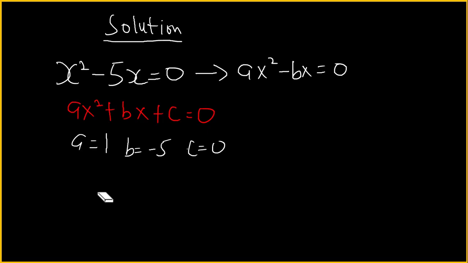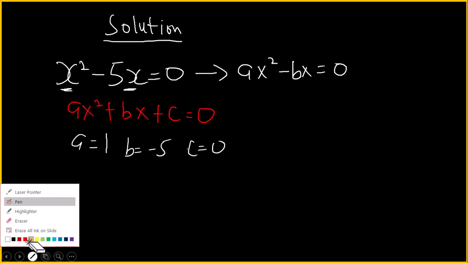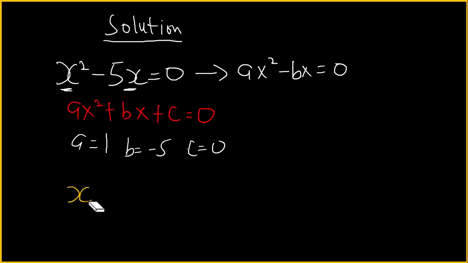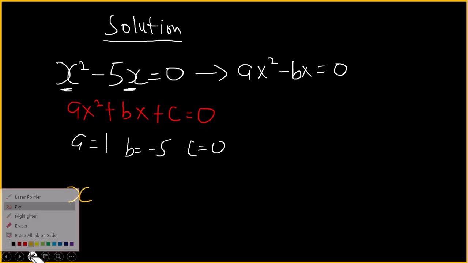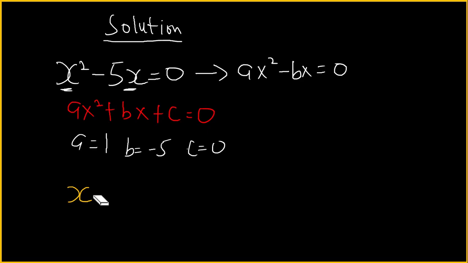Since there is an x, there is an x, so x is factored out. So if x is taken out, one of the x remains, minus, if x is taken out of this, there is 5, then we equate it to 0.